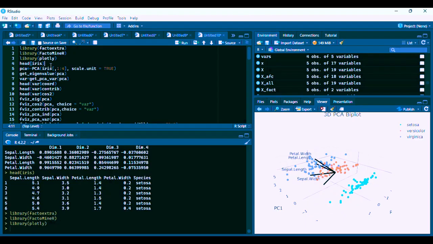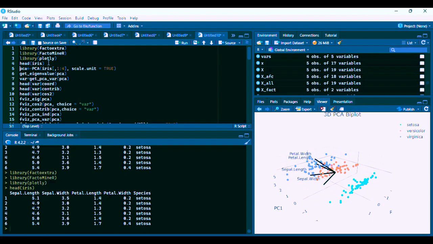First of all, PCA allows us to reduce dimensionality and to visualize and explain the correlated variables. So in this iris dataset, we have 4 quantitative or continuous variables: sepal length, sepal width, petal length, and petal width.